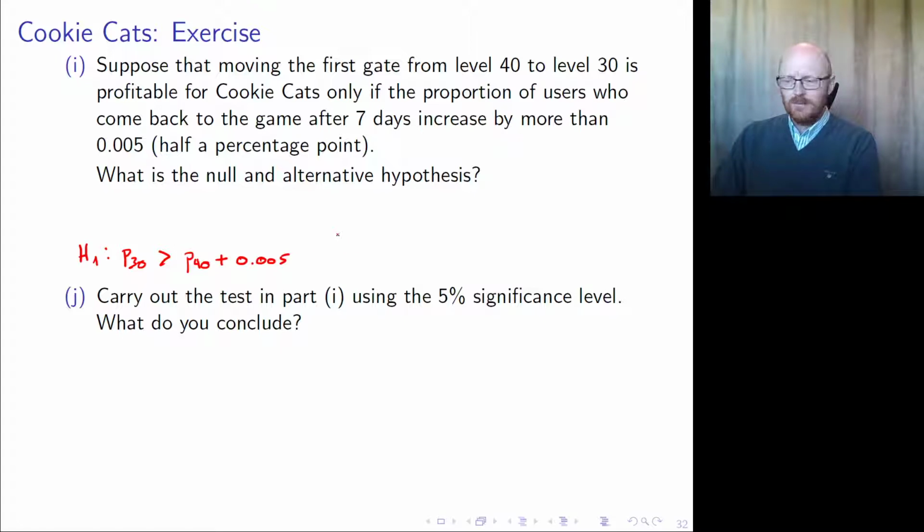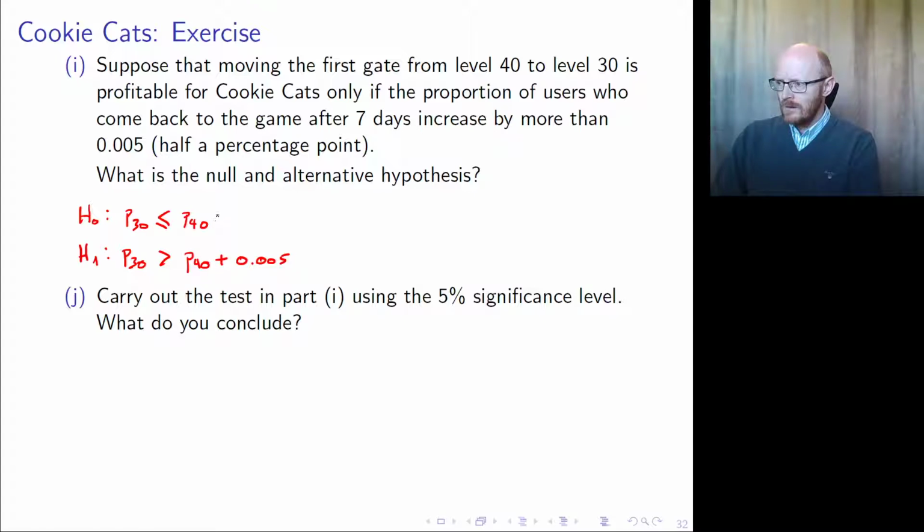Okay, because now this player retention rate after the change has to be at least as high as the player retention rate before the change plus 0.005. Okay, so this is the cutoff rate, which means that the null hypothesis is just the rest of the cases, which means that the player retention rate is equal or below this value.